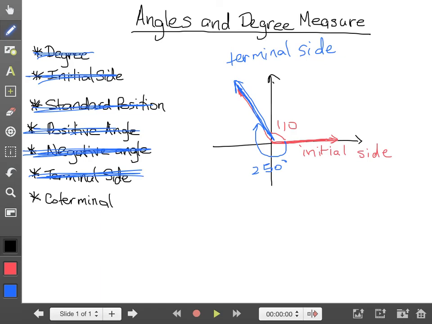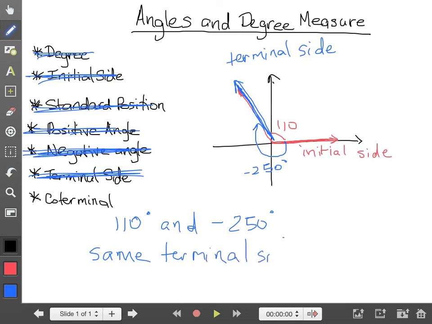Let's talk about coterminal. Because 110 degrees and negative 250 degrees have the same terminal side, you got it. That means that they are coterminal. Makes sense, right? All right.